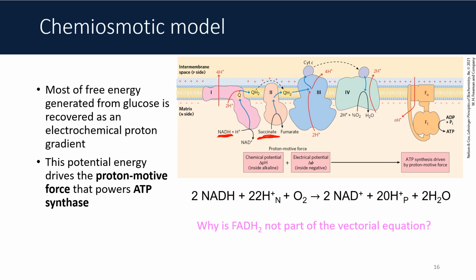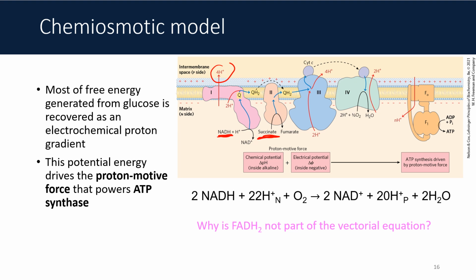All right, and let's ask ourselves, how many protons do we get pumped into the intermembrane space as a consequence of this? Well, let's start at complex 1, and that's going to pump in 4 protons by oxidizing NADH and transferring its electrons onto Q.